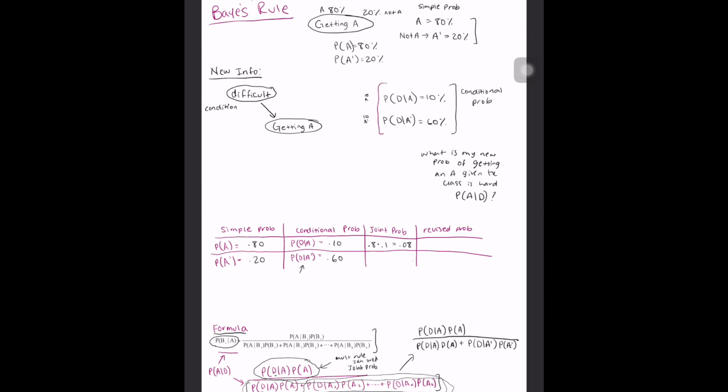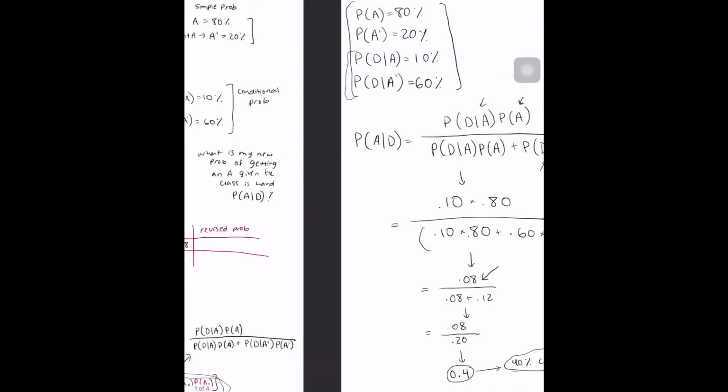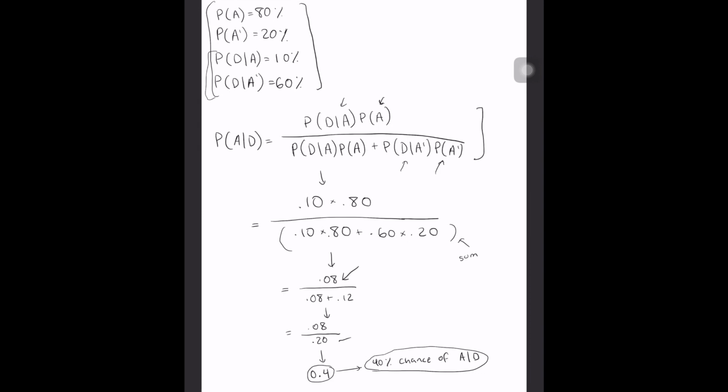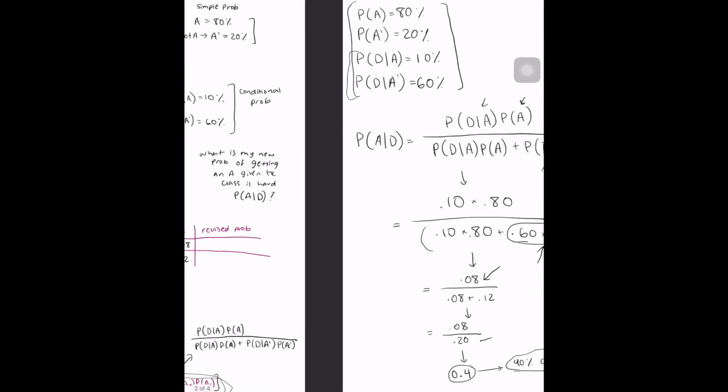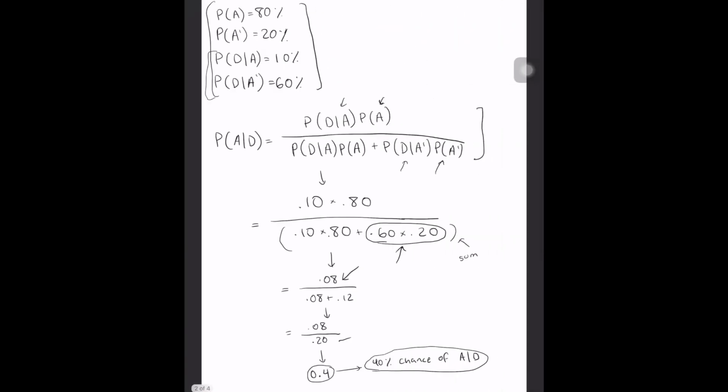And then the joint probability is the conditional times the simple, 0.2 times 0.6, and that equals, right here, 0.12.